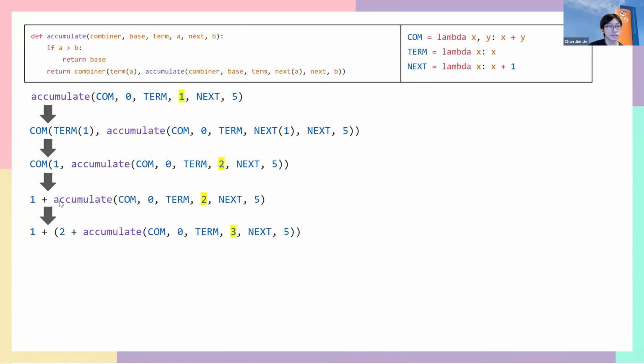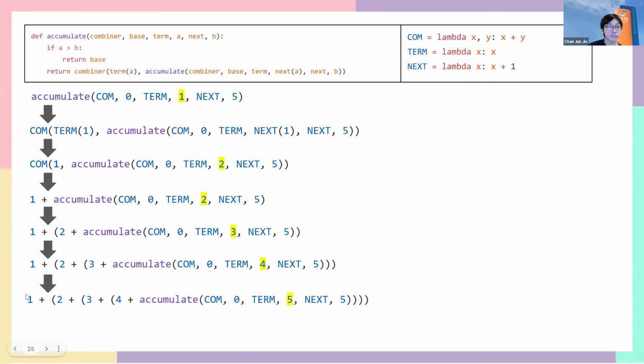So we'll go on. This call to accumulate will create 2 plus our next call to accumulate. As you can see, next has increased our A, the A in the middle of the calls. Now A is equal to 4. We have added 3. And take note of the brackets. This bracket order is very important for non-commutative operators.